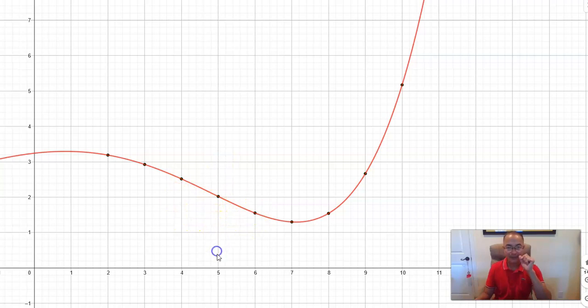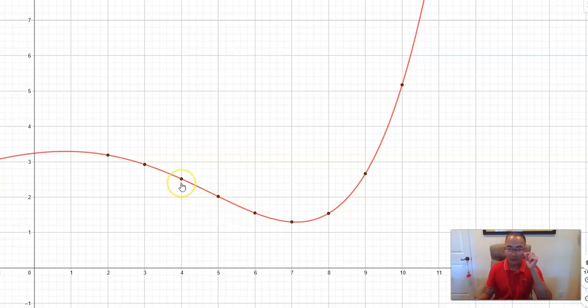Again, pretend that this is the origin over here, and this is your c, and this is your negative h, and this is your positive h. So I just need h over 3, and then this y-coordinate plus 4 of this y-coordinate plus this y-coordinate.